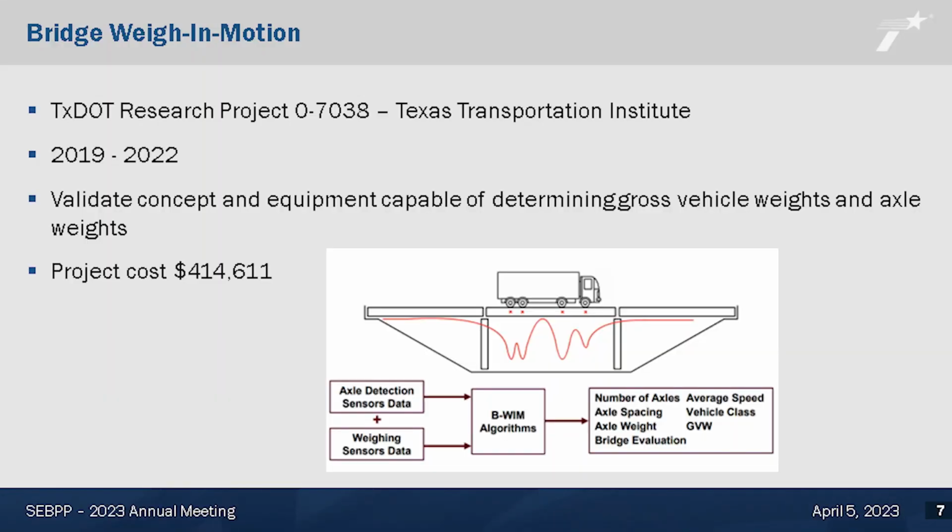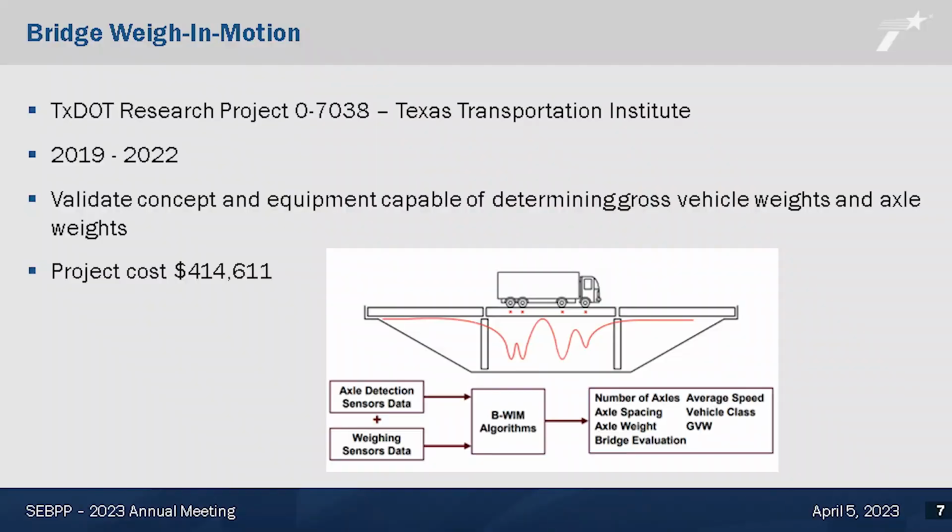Another research project is one that just recently concluded out of the Texas Transportation Institute. This was Research Project 7038. This project was intended to evaluate and develop the equipment to measure gross vehicle weights and axle weights using bridge weigh-in-motion technology.